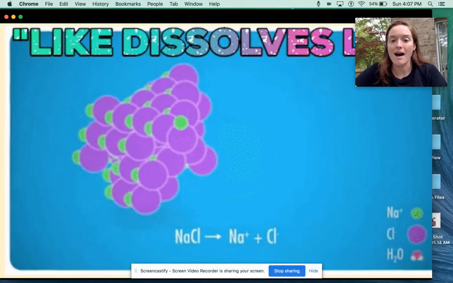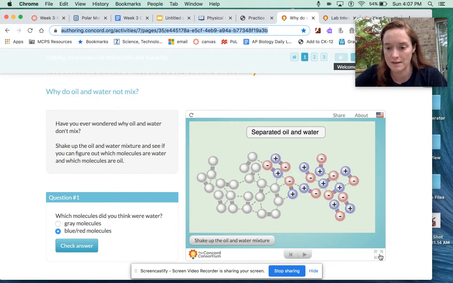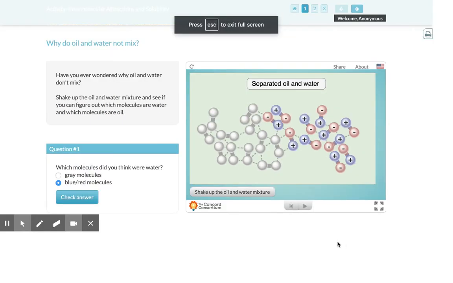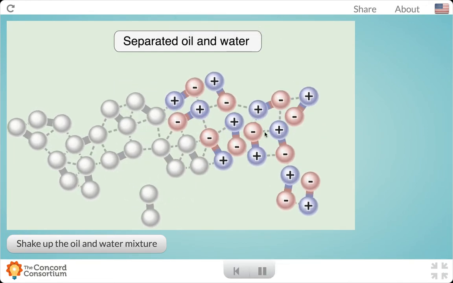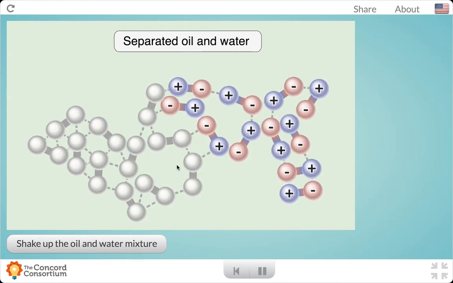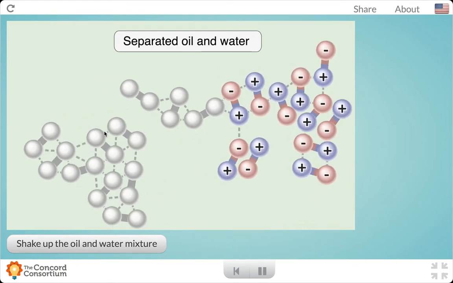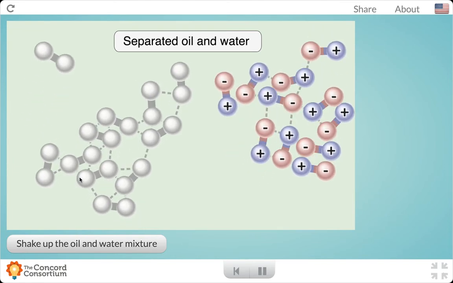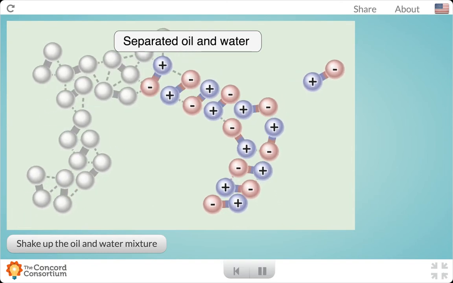But water cannot dissolve nonpolar molecules. And so I'll link you to this simulation as well. Water is so attracted to itself because of its partial charges that it has no attraction for anything that's nonpolar, anything that doesn't have any difference in electronegativity, like hydrocarbons.